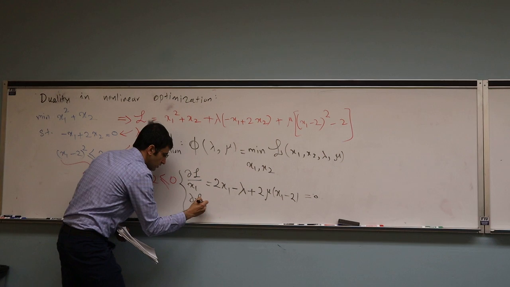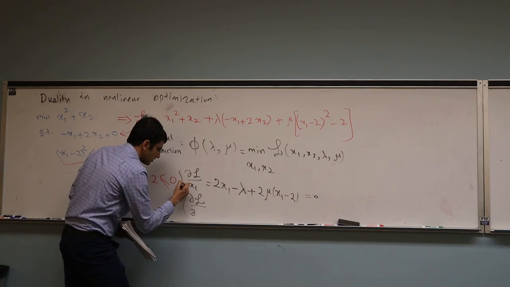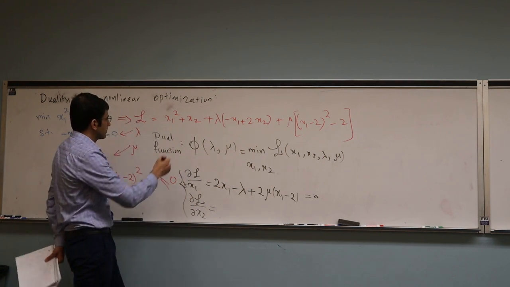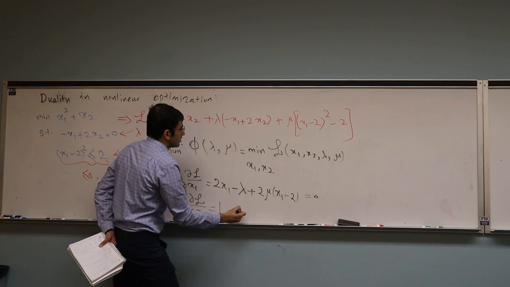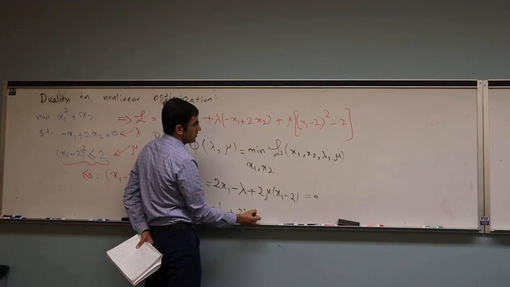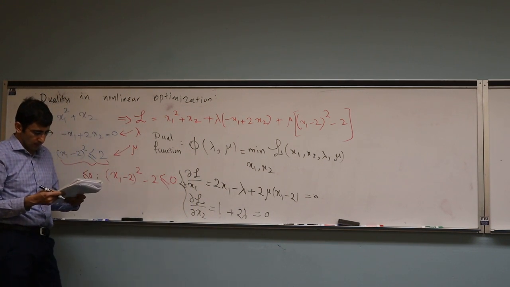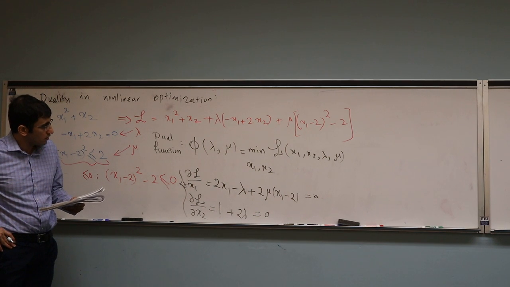The second one, the partial derivative of the Lagrangian with respect to x2. So x2 is more straightforward. 1 plus 2 lambda is equal to 0. Alright.